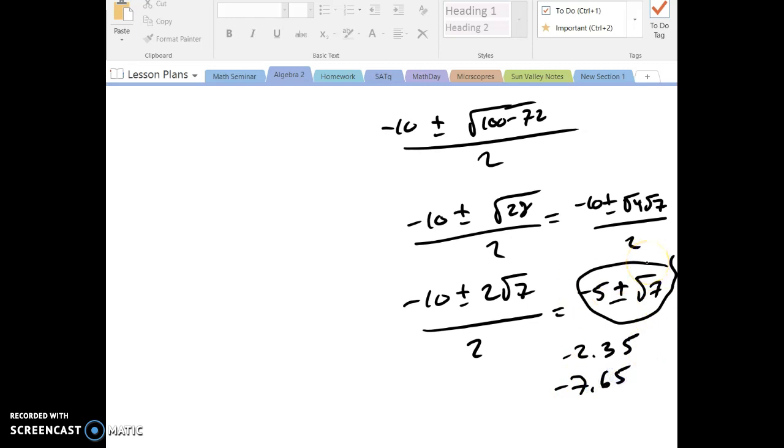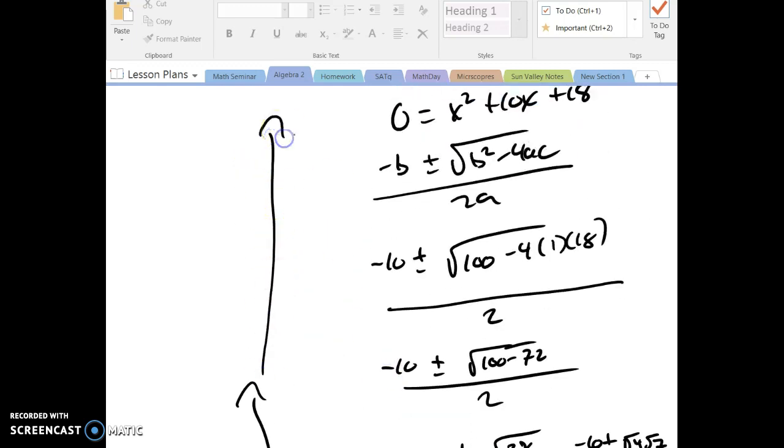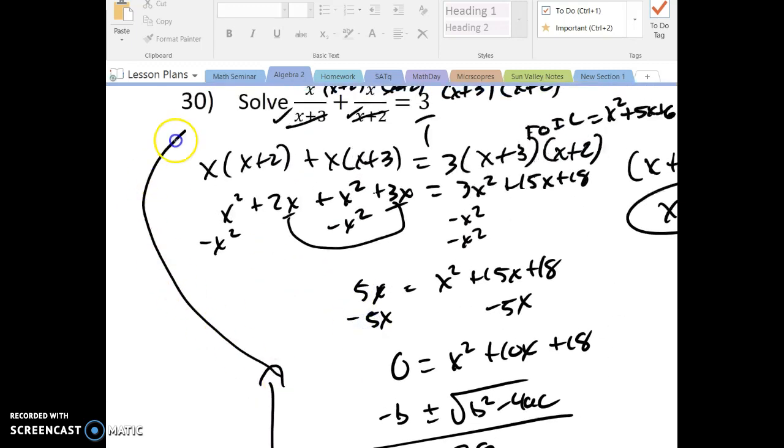When I put that in the calculator, I'd take these numbers and plug them in and find out which one gives me 3.